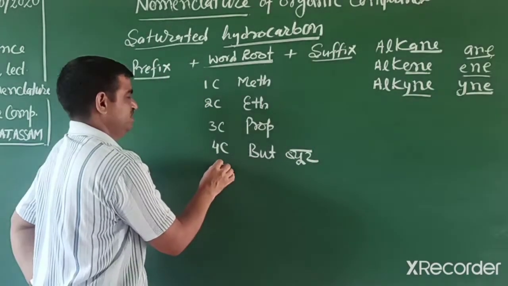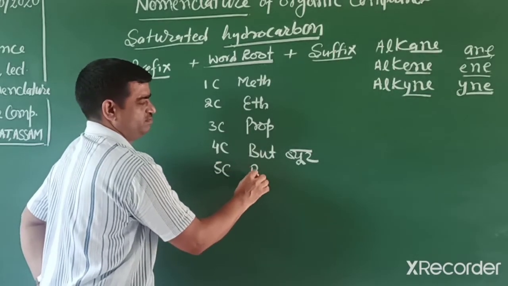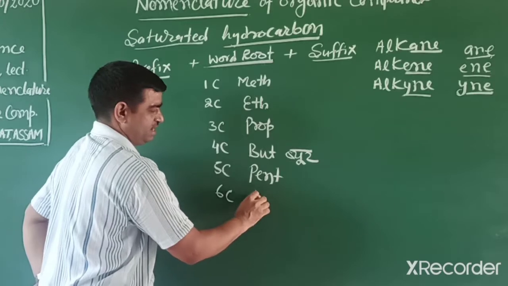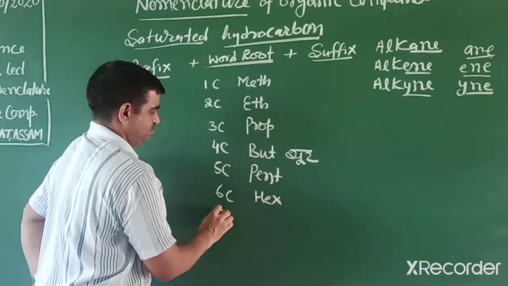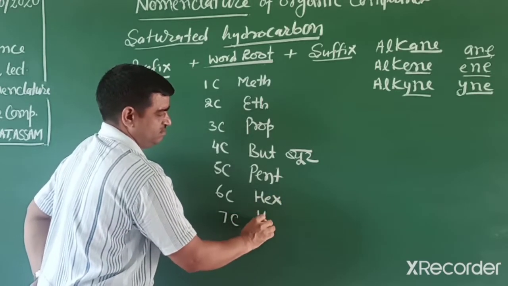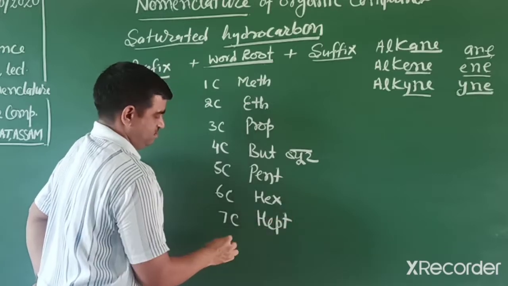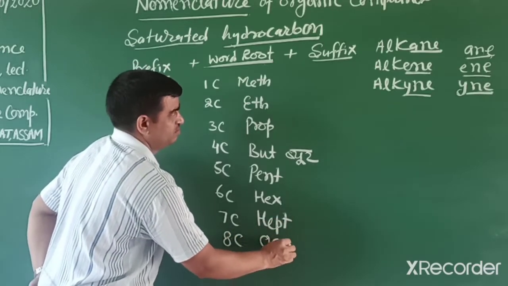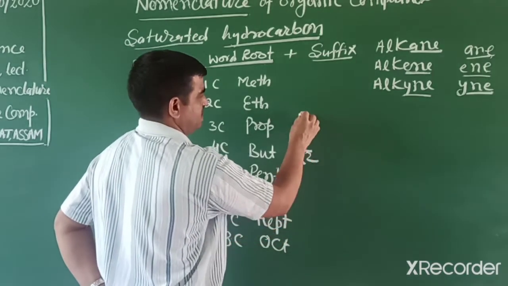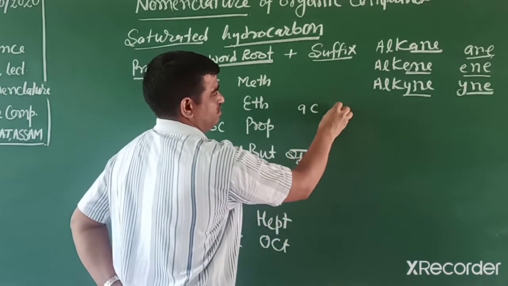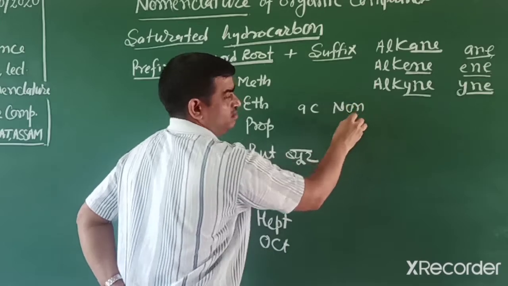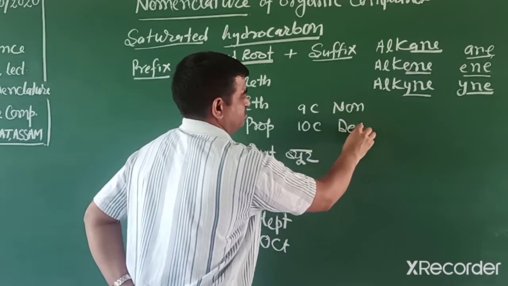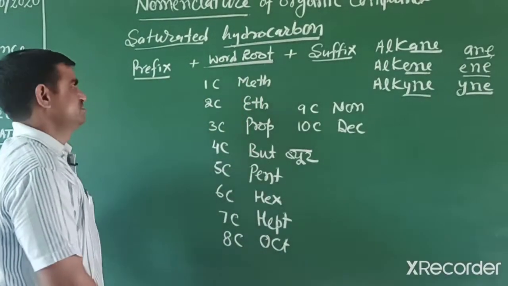Five carbon, then pent. Six carbon, hex. Seven carbon, hept. Eight carbon, oct. Nine carbon, then non. And ten carbon, dec.